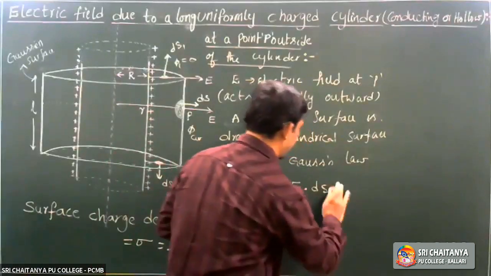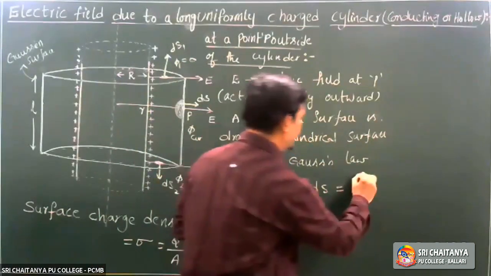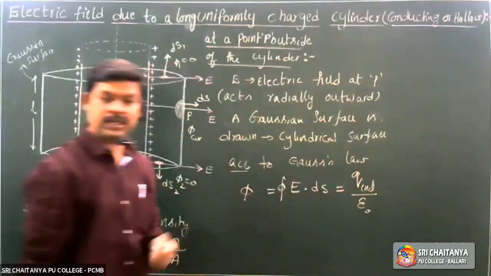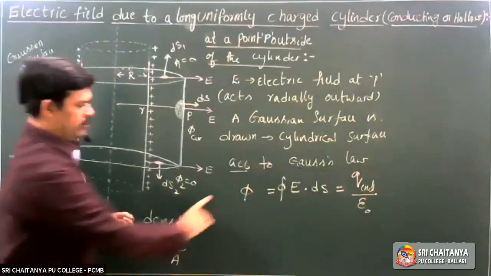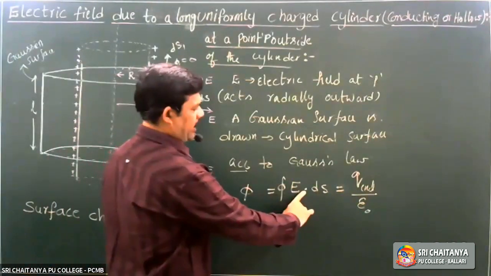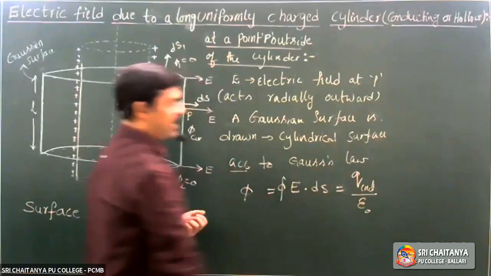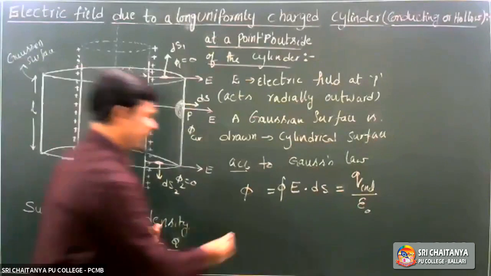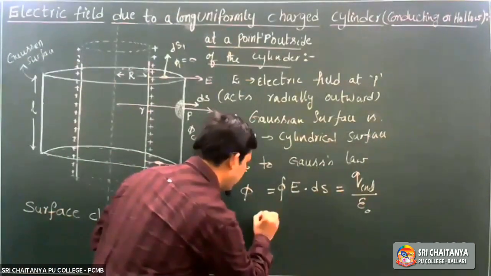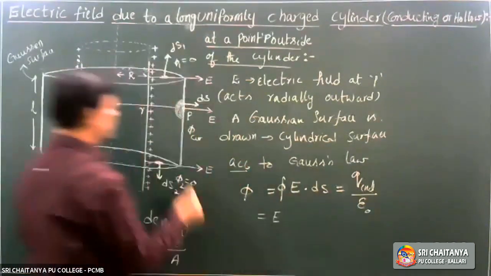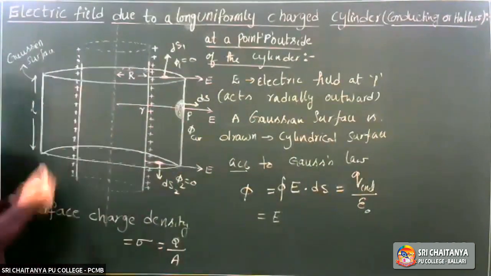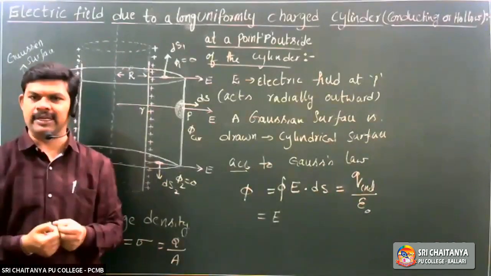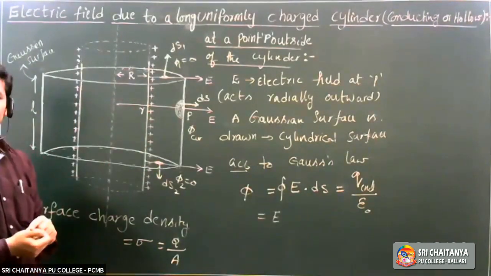What is this? This integral E dot ds is equal to Q enclosed by epsilon naught. Directly I am writing. We know flux is integral E dot ds, which is Q enclosed by epsilon naught. Is this clear? Then E is the same at each and every point on the curved surface. If you take a point here, here, here, at every point on the cylinder, E is the same, right?